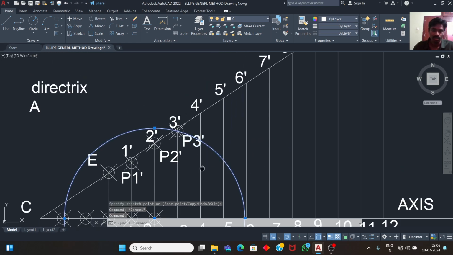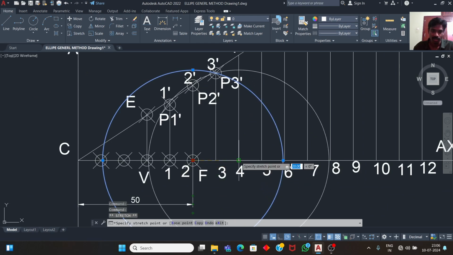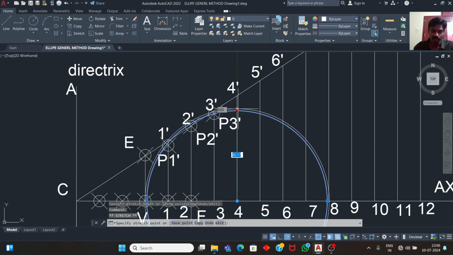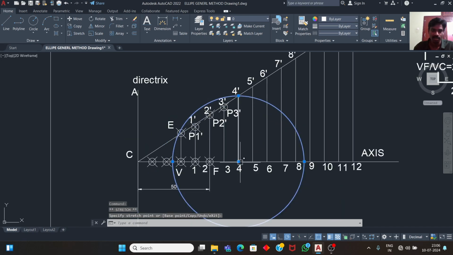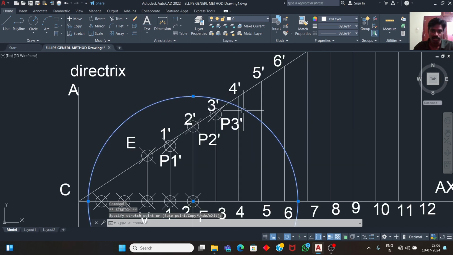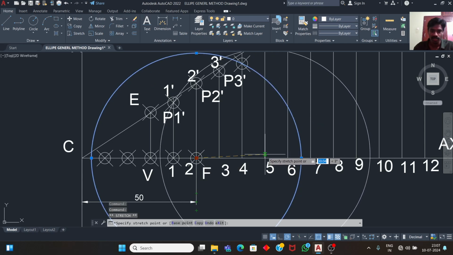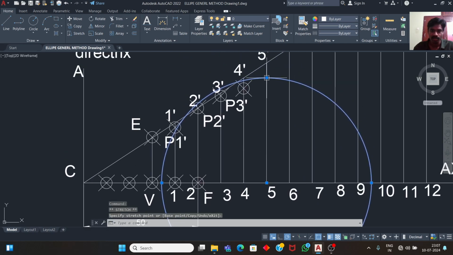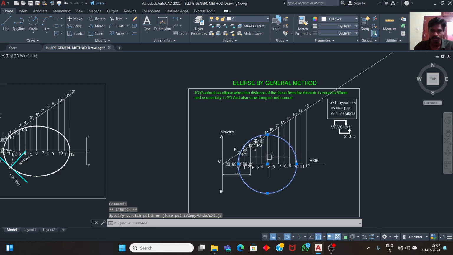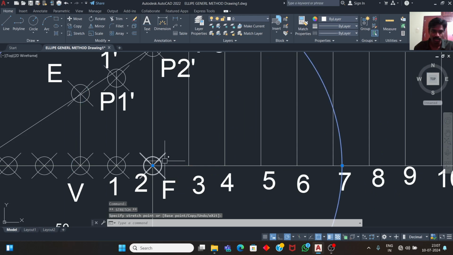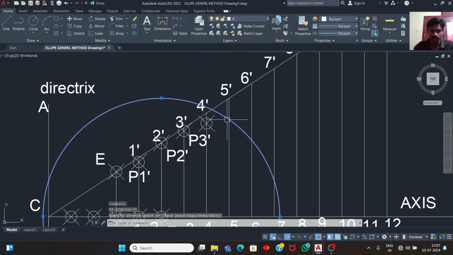Okay, so in similar manner, 4 to 4 dash as the radius, F as the center. Locate another point. And in similar manner, 5 to 5 dash as the radius. Increase the radius 5 to 5 dash, move this circle to this focus and locate a point on the fifth line.